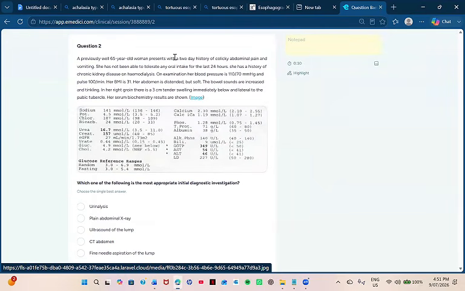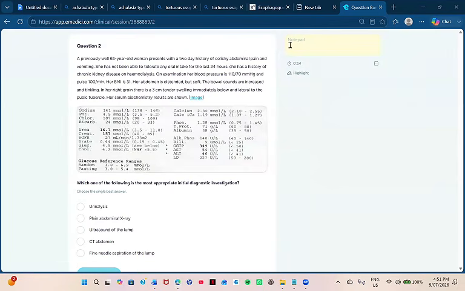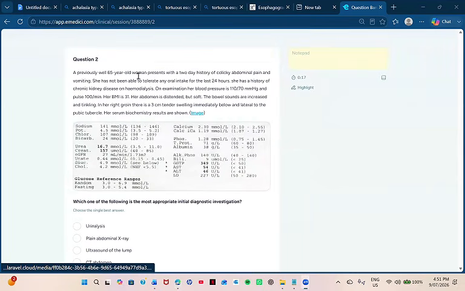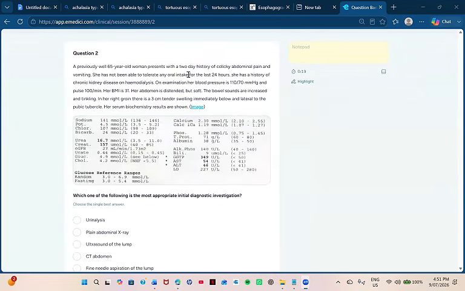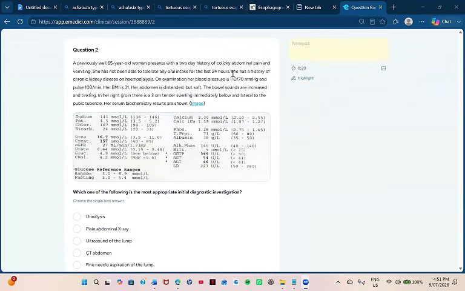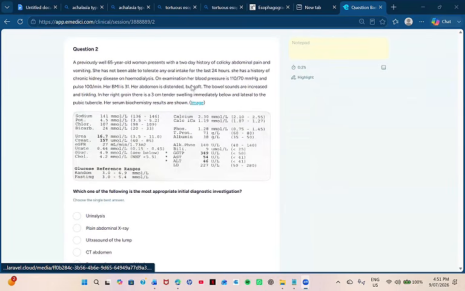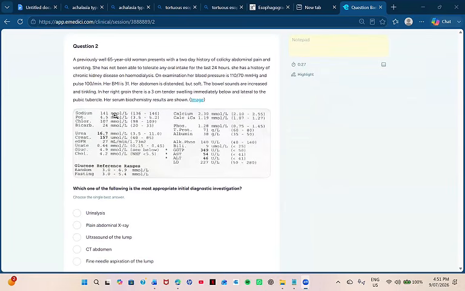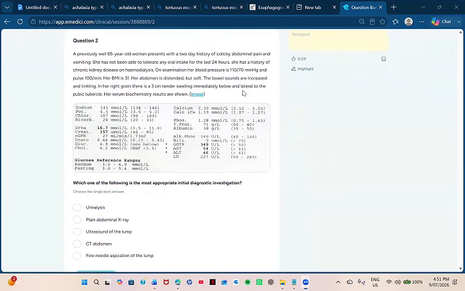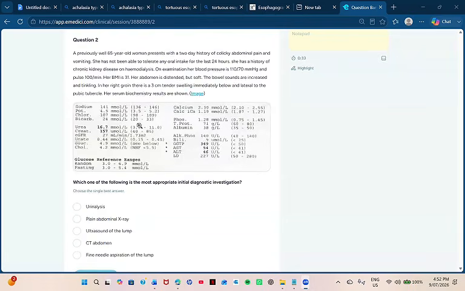Okay, we'll do this question. A 65-year-old woman presents with a 2-day history of colic abdominal pain and vomiting, and has not been able to tolerate oral intake for 24 hours. She has a history of chronic kidney disease. The bowel sounds are increased and tinkling.